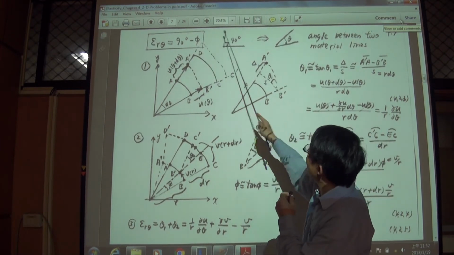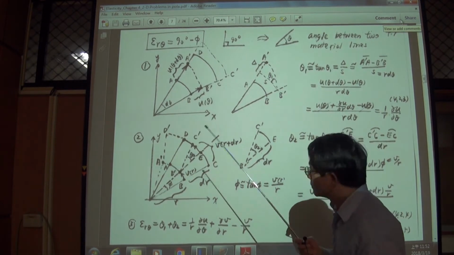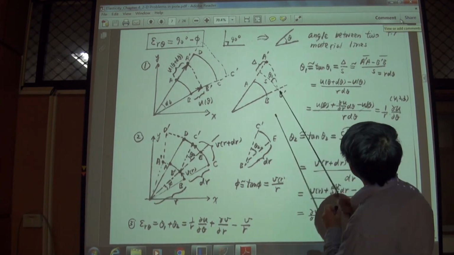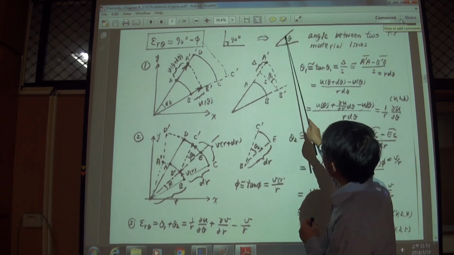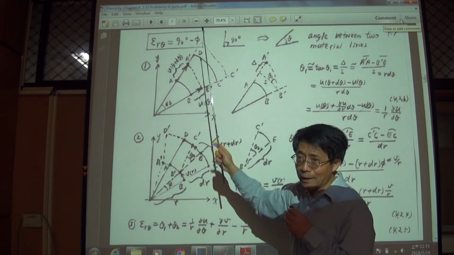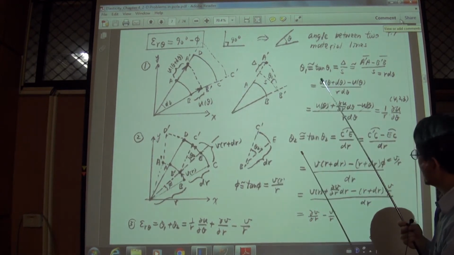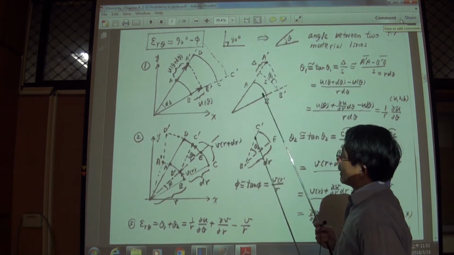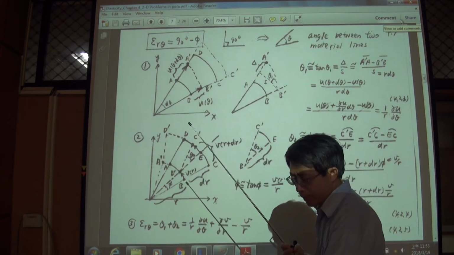So phi is here, not theta. The angle between the two material lines is phi. So 90 degrees minus phi equals absolute r theta. Do some modification.